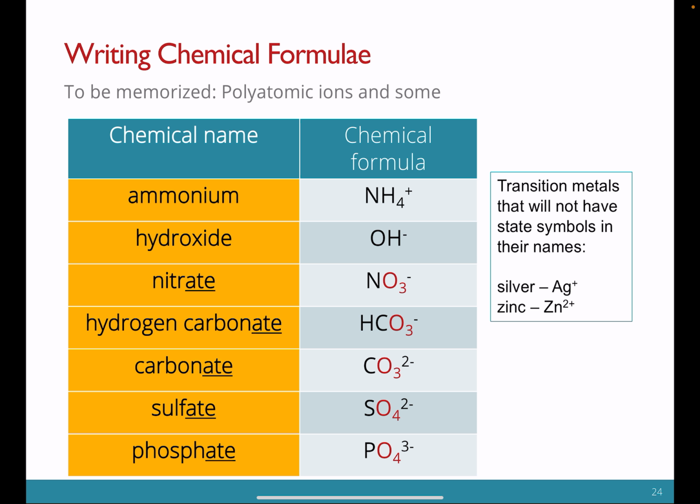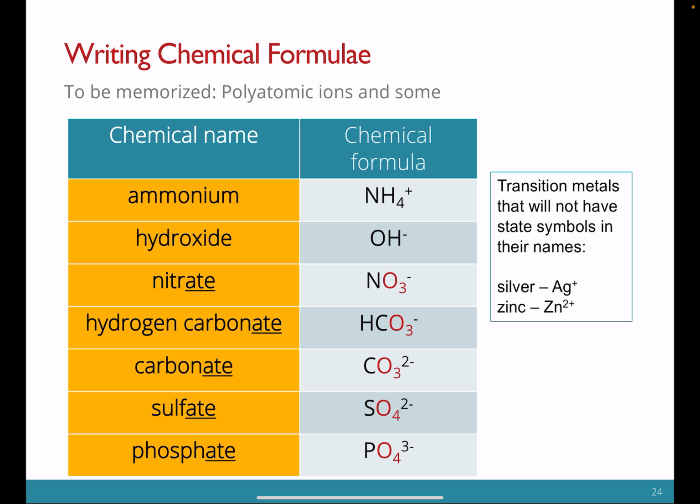Now there are some ions that are made out of more than one atom. These are known as polyatomic ions. Here are some polyatomic ions that you need to know for your syllabus. Now one thing you can note here is that I've underlined the word ATE as well as highlighted the oxygen in red.